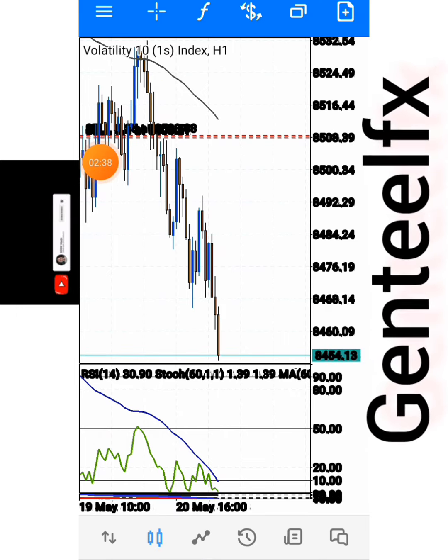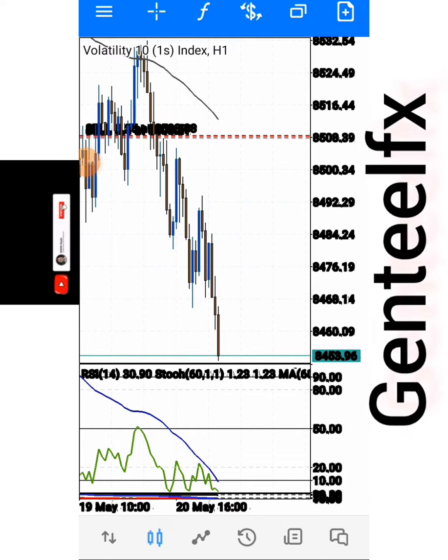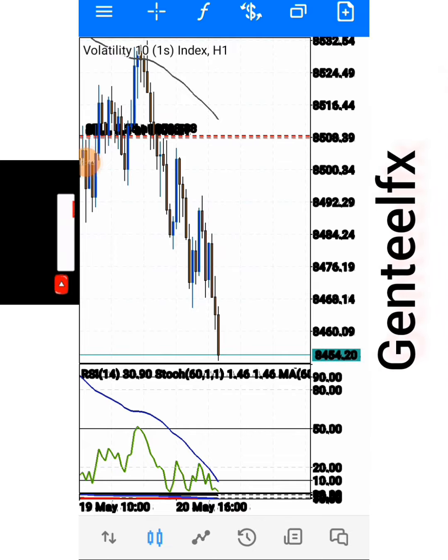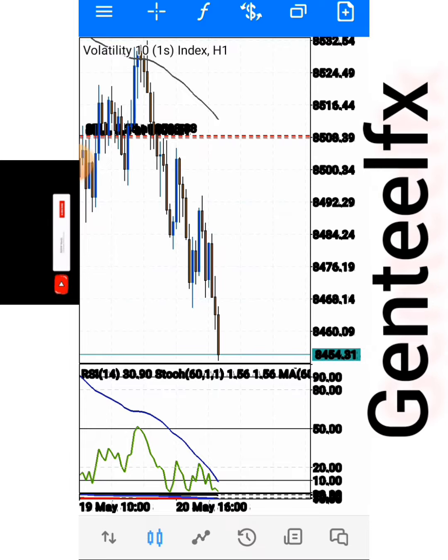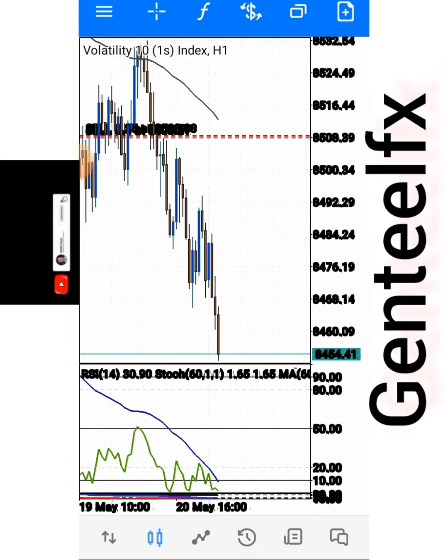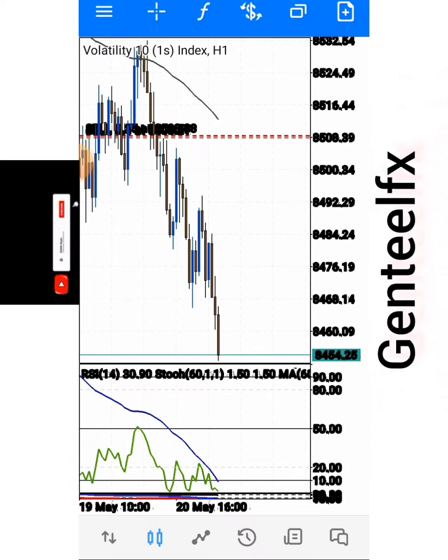Because I don't want to miss this trade, I have to find a level where I can trade with the big boys, because we follow the people in the markets. You can't just come out and enter the market blindly without identifying this.